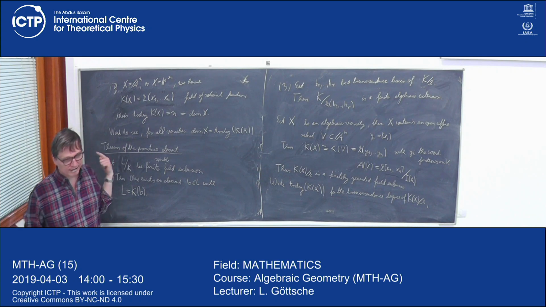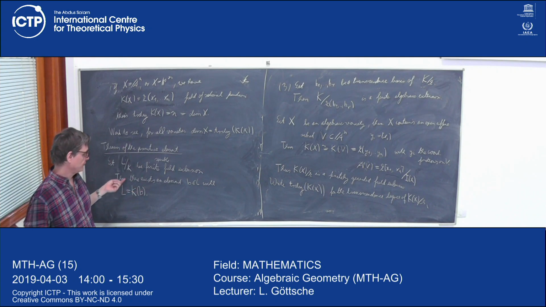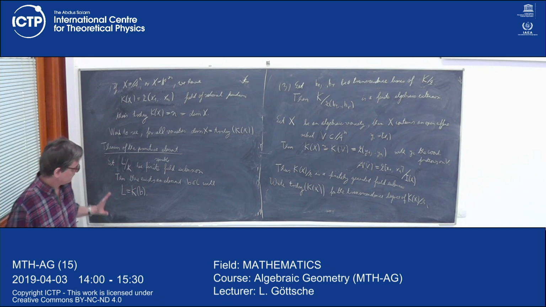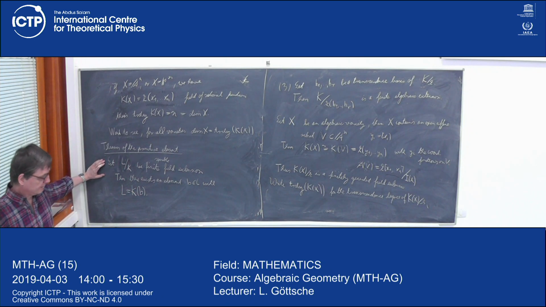We will use this result to show that every variety is birational to a hypersurface in A to the dimension plus 1. In order to prove this, one would have to show that a certain field extension that we encounter is separable, which one can, but we don't want to make the effort. So we will instead assume that we are in characteristic 0, when all field extensions are separable. Okay.